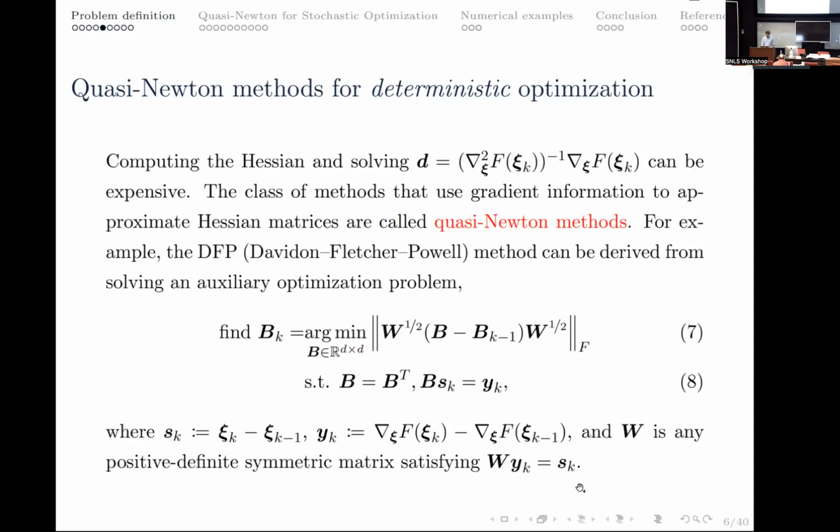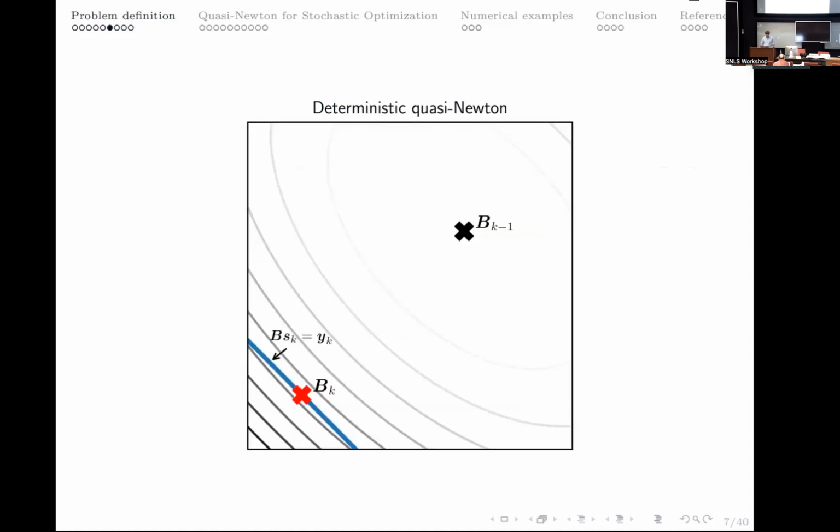Now, to make this a bit more clear intuitively, I made this cartoon showing this subproblem of finding the Hessian. This is a space of matrices, symmetric matrices. And here I have the objective function, the contour of the objective function centered at the previous iterate. And in blue, I am representing the affine space of matrices satisfying the secant equations.